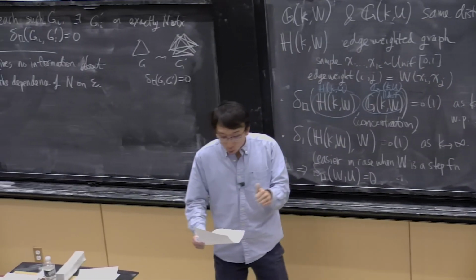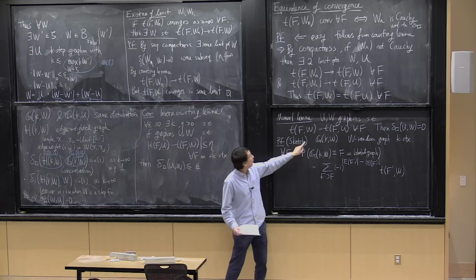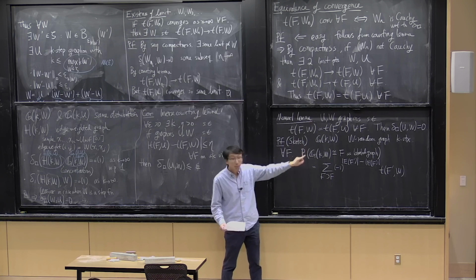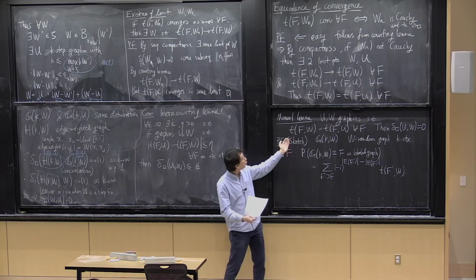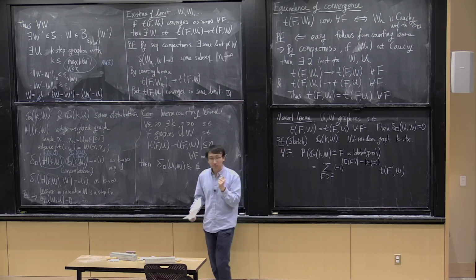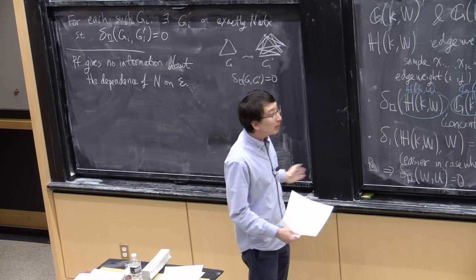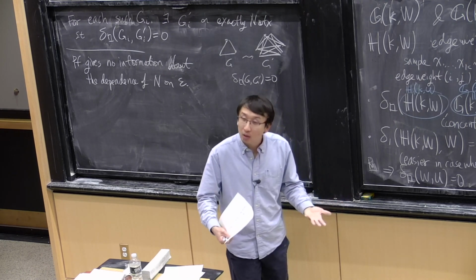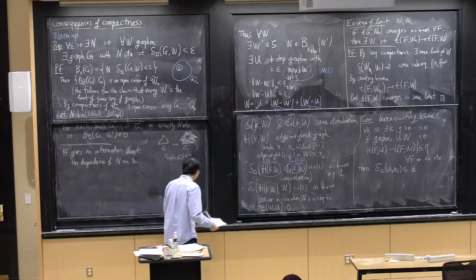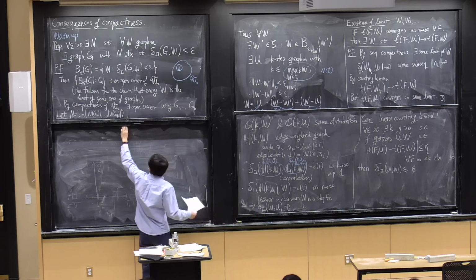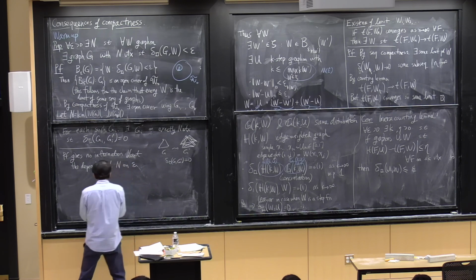And finally, I want to mention that in the moments lemma, in order to deduce that U and W are basically the same graphon, we need to consider F moments for all F's. So you might ask, could it be the case that we only need some finite set of F's to recover the graphon? Is it the case that you can recover W from only a finite number of F moments?